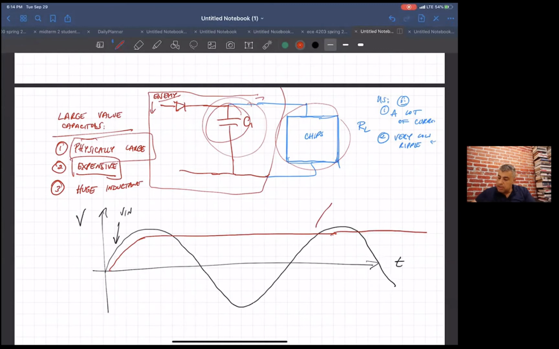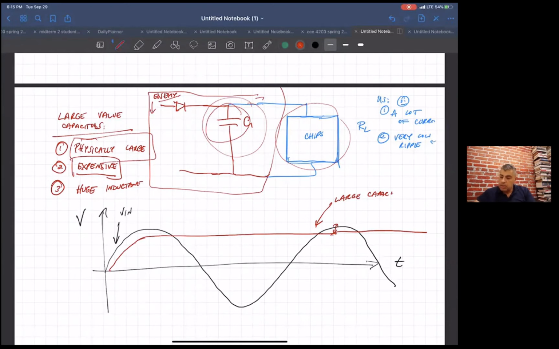Let's call this what would happen if you had a large capacitor. You have a droop, but it's not too bad. Now let's say I have a smaller capacitor.